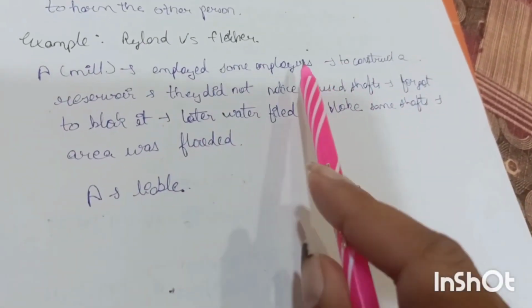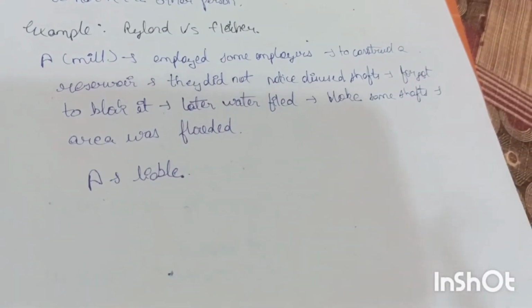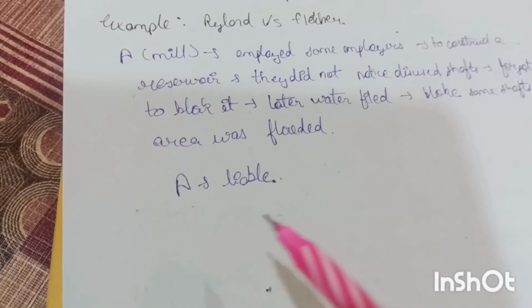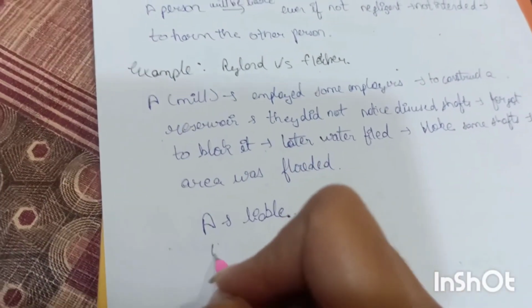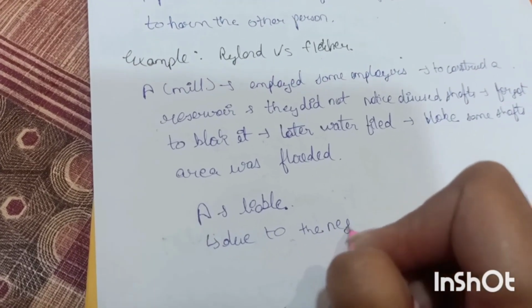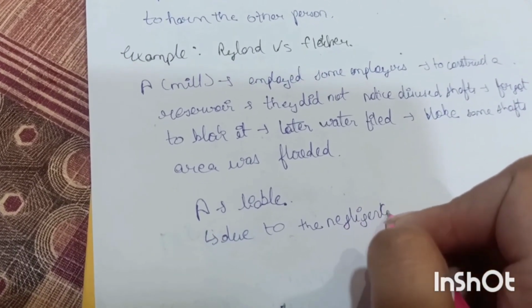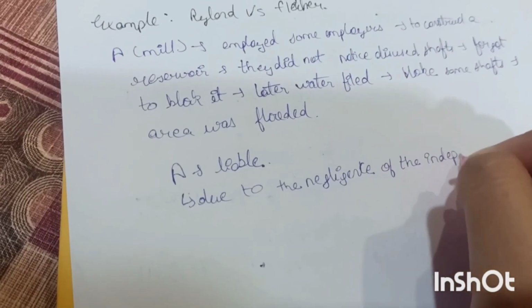It was a mistake of the employees, but still A will be liable. You might be wondering why, because in this case, you can write, due to the negligence of the independent contractor.